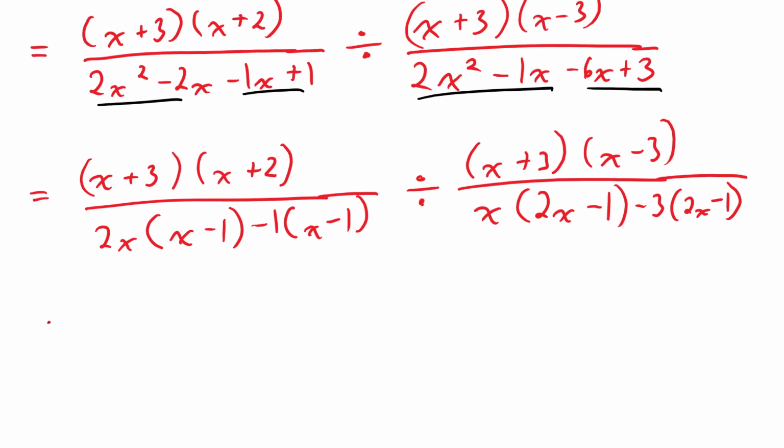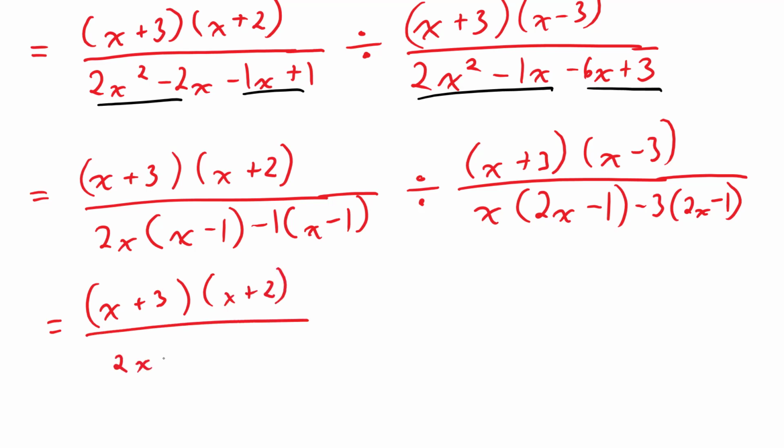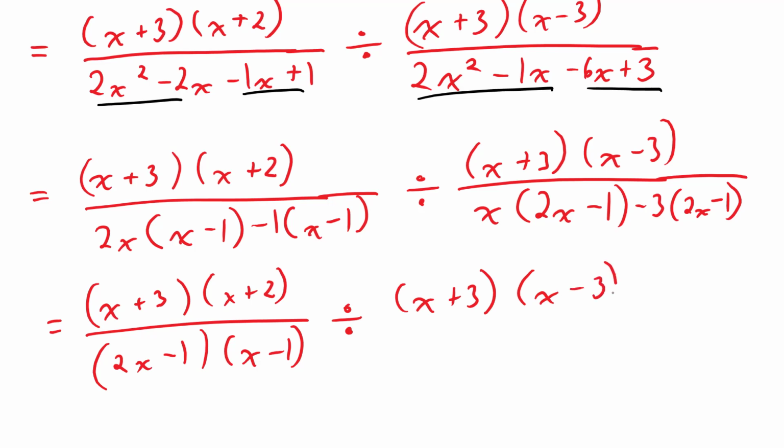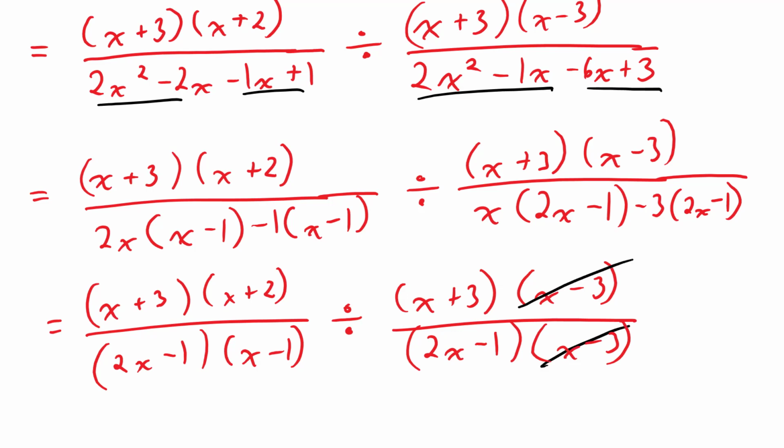Let's take those factors out. Can we simplify this? We can. I have an x minus 3 and an x minus 3, so they cancel each other out. That's all I can do up to this point.